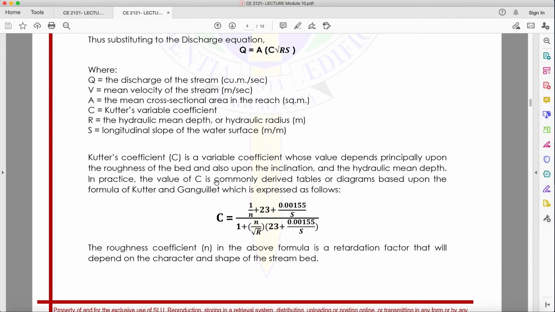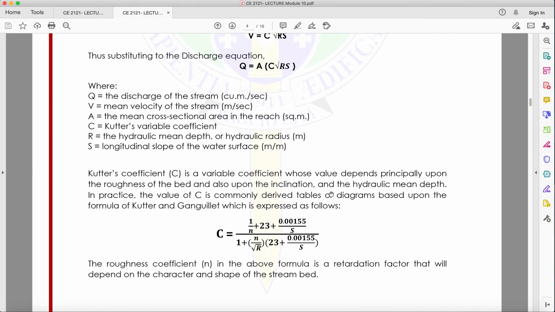Kutter's coefficient is a variable whose value depends principally upon the roughness of the bed and also upon the inclination and the hydraulic mean depth. In practice, the value of C is commonly derived from tables or diagrams based upon the formula of Ganguillet and Kutter, which is expressed as follows.